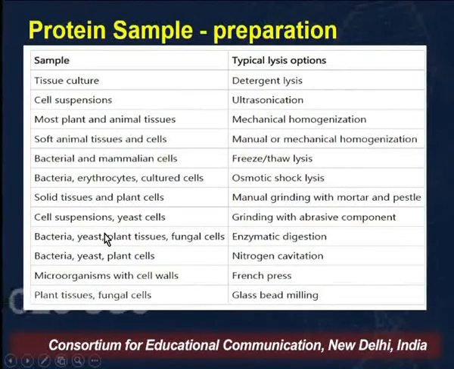When we are comparing different conditions that a cell undergoes, maybe a diseased or an undiseased condition or certain parameters, we take those cells and isolate the protein from them. On the right hand side, it tells us about the different types of lysis systems that are used to isolate the total protein samples. Depending upon the type of cell, different lysis mechanisms are used.